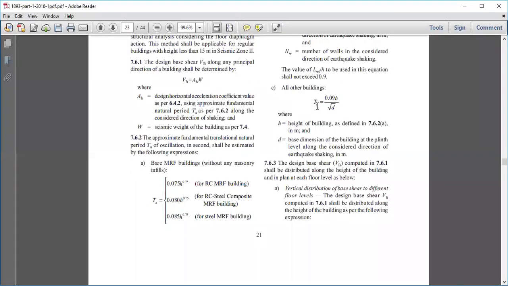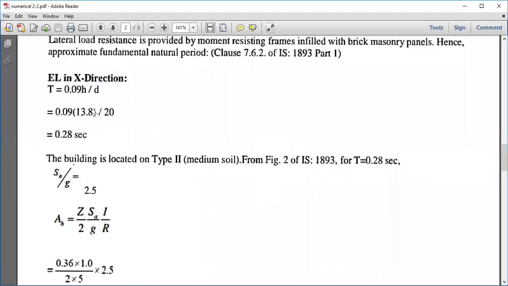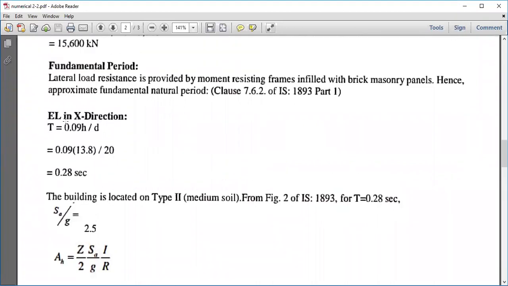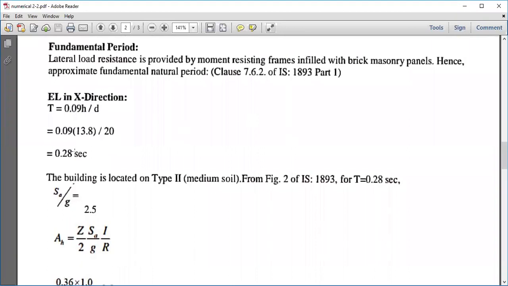All other buildings where T is 0.09 times h divided by root of d, where d is the base dimension. So we know the base dimensions of the structure. It is 20 in the x direction. If I'm taking the y direction, it is going to be 15.